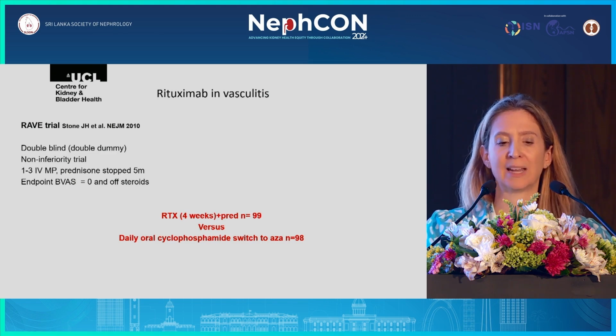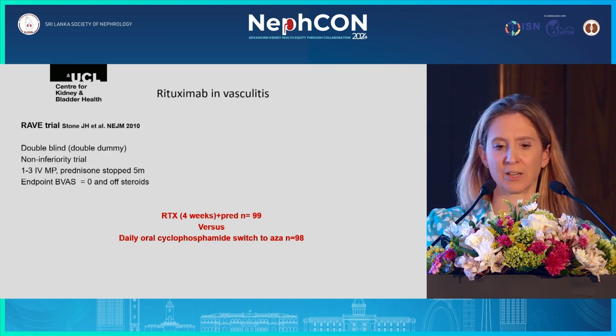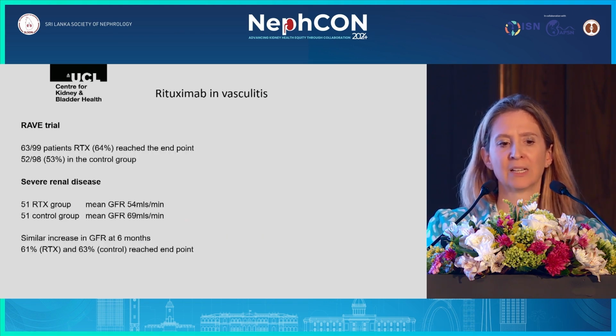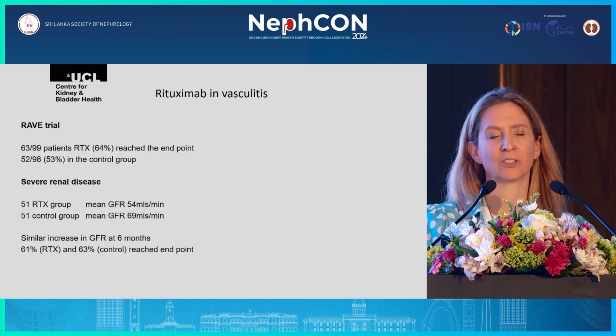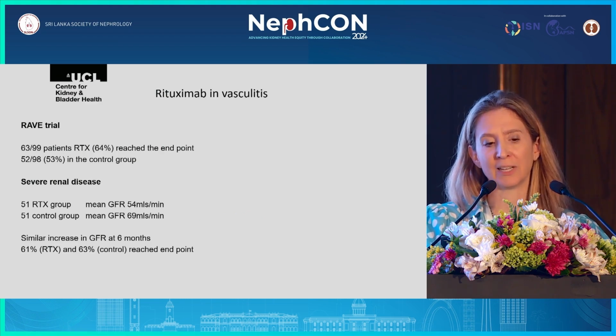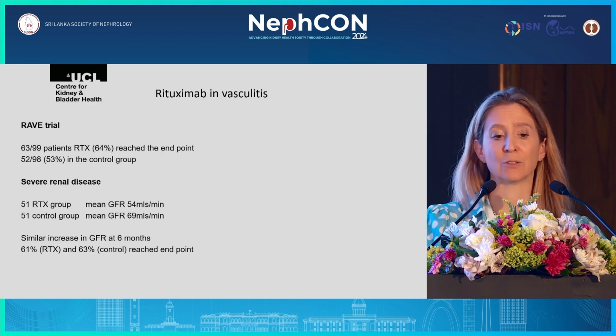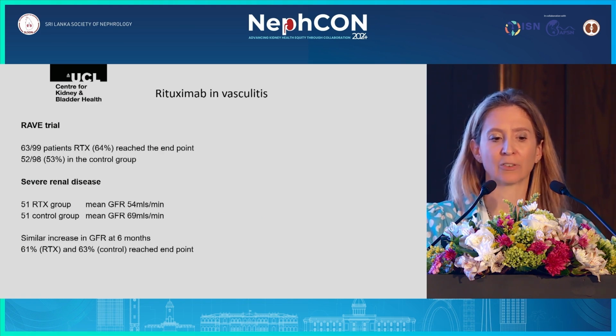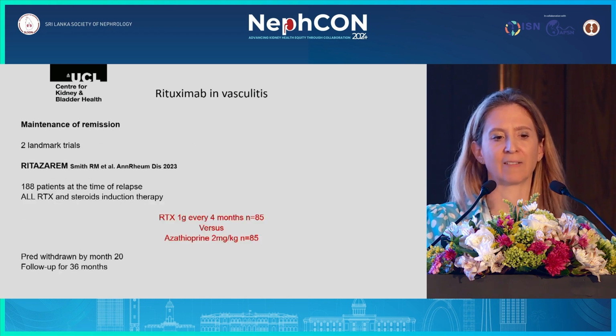This trial compared rituximab and steroids versus daily oral cyclo with a switch to azathioprine. It basically showed similar numbers of patients in both arms reaching the endpoint. When they looked at patients with severe kidney disease, again, it was very similar, with a similar increase in GFR at 6 months and similar numbers of patients reaching their endpoint. So that provided plenty of evidence for rituximab in induction of remission.